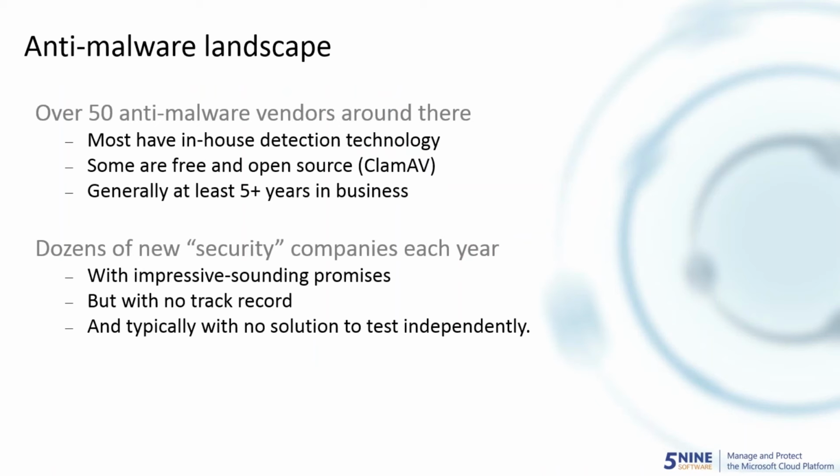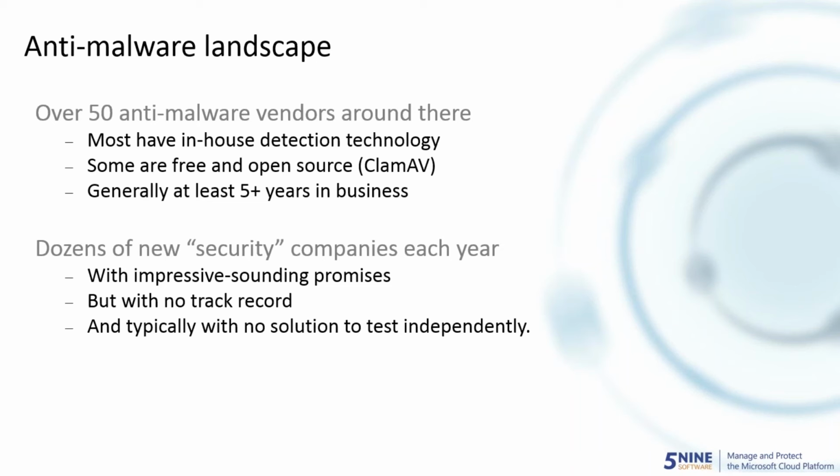Of course, we are not alone here. There are many security companies in the anti-malware landscape. We usually separate them into so-called proven companies and unknown companies. There are over 50 proven anti-malware vendors. Most of them have built some in-house detection technology, which could be good or bad, but it's their own.